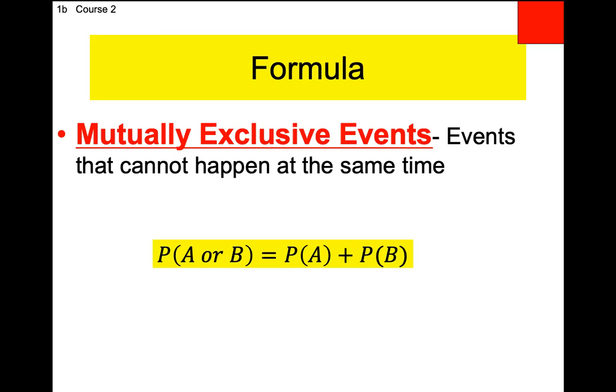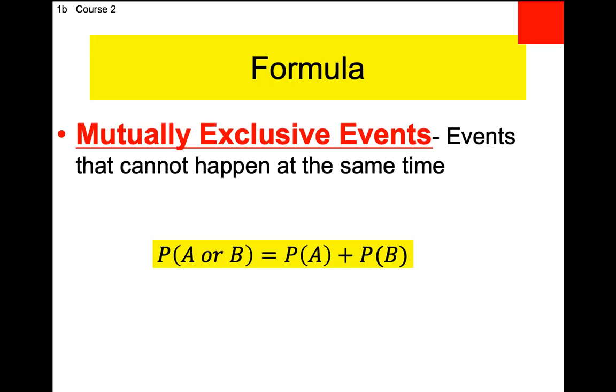By the way, this extends to more than 2. It could be the probability of A or B or C or D. Well, then you'd add A plus B plus C plus D, the probabilities of those. When we write the formula, I only write 2 possibilities, but it could be 3 or 4 or 5 different things. Mutually exclusive events are events that cannot happen at the same time.